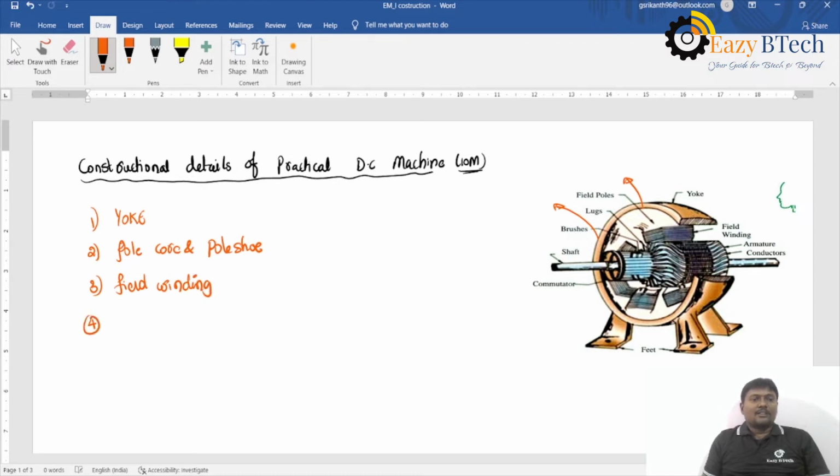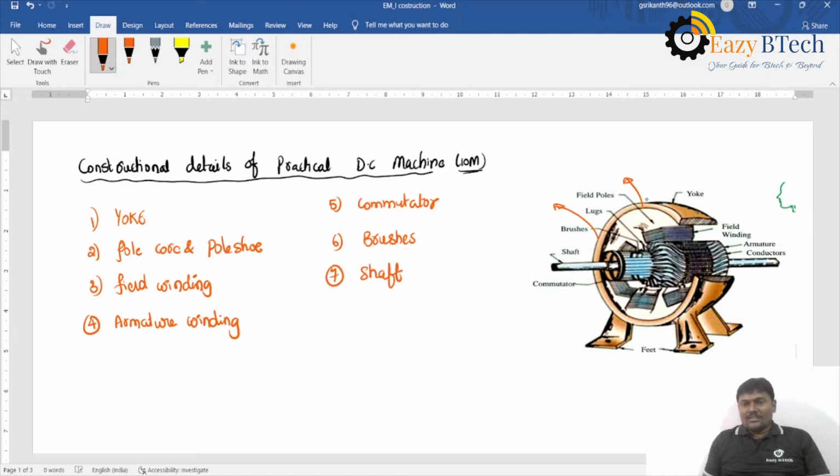The fourth, a very important one, is armature winding. The fifth is commutator, the sixth is brushes, and the seventh is shaft.